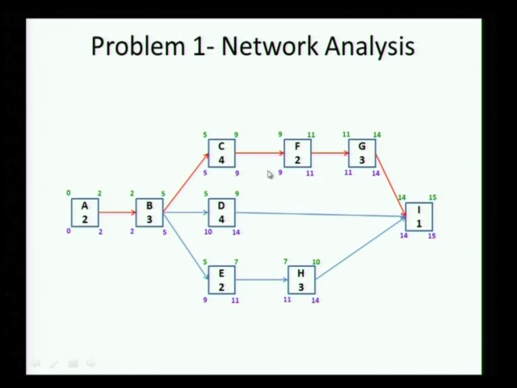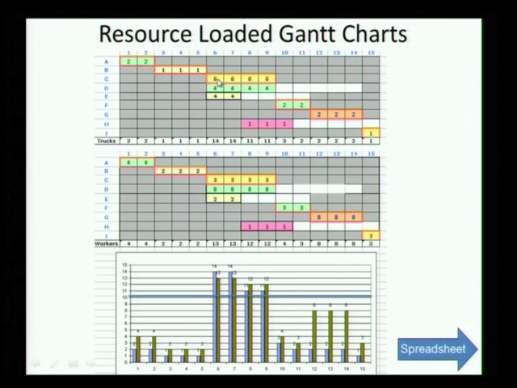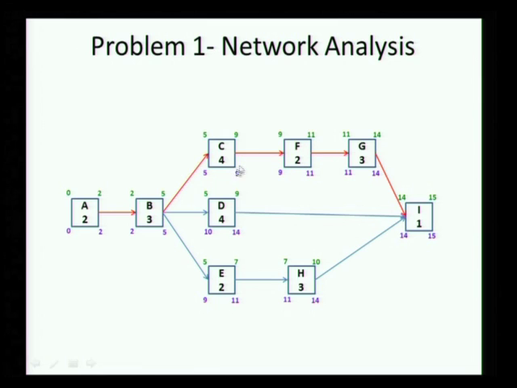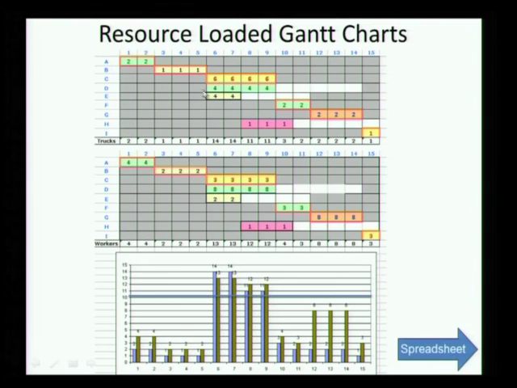Let us understand the network. We've seen the CFG, sorry, CFG is the critical path. So you will find that C here is highlighted in red. So A, B, C, F and G cannot be moved.